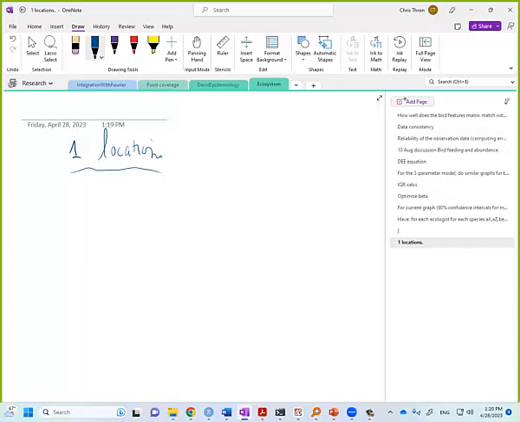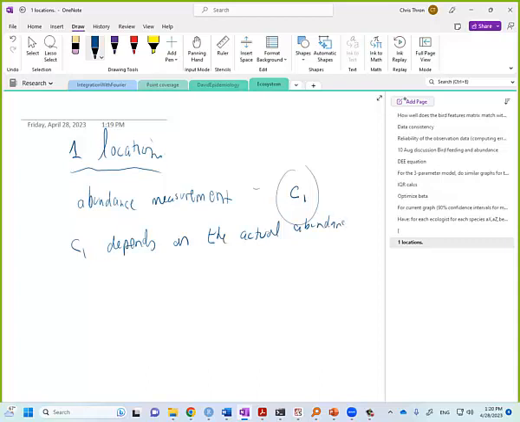You have data for that location: an abundance number. You have a single measurement, because over time you take several measurements. I'll call that measurement C1. Now C1 depends on the actual abundance at that location.